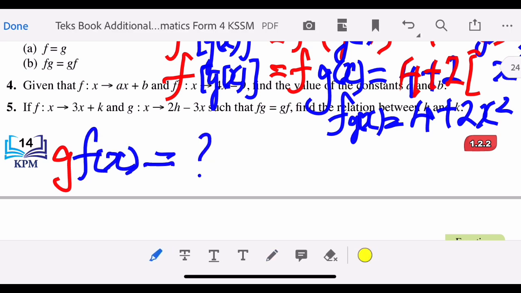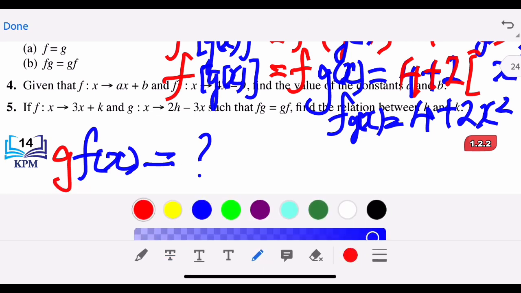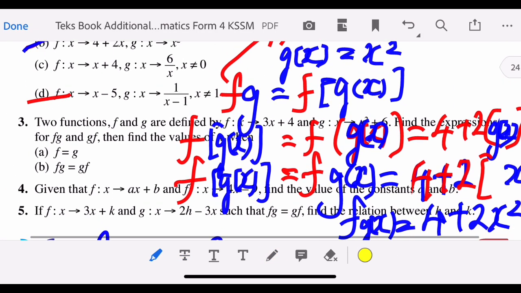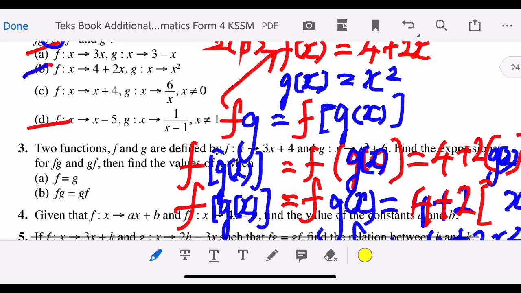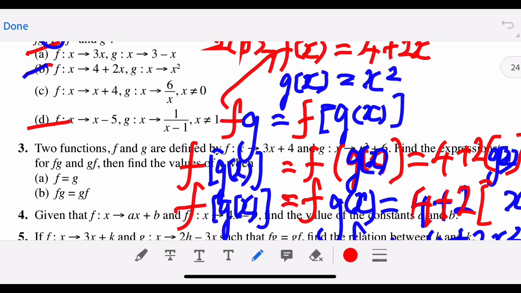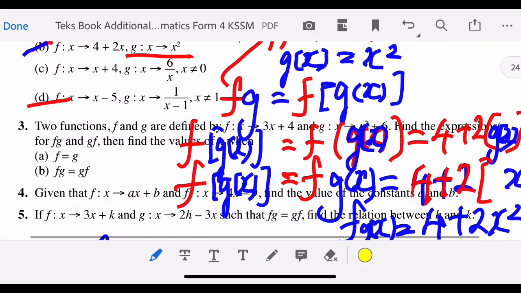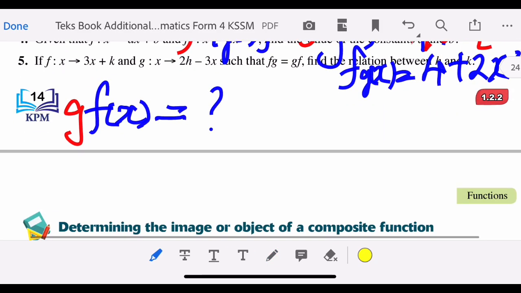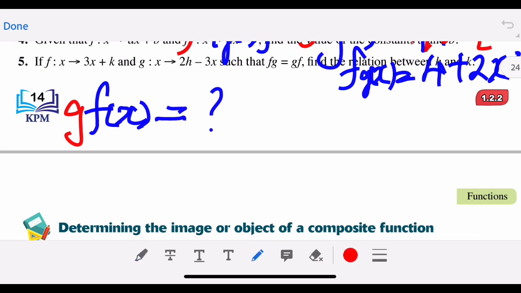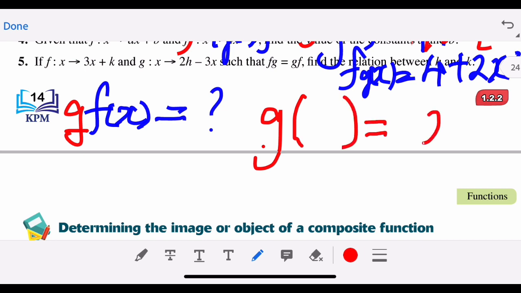So now let's refer back to the function, which is g. According to the question, gx is this one. So let's copy down gx equal to x squared. Because the function is g, you just copy your gx, but you don't write anything.